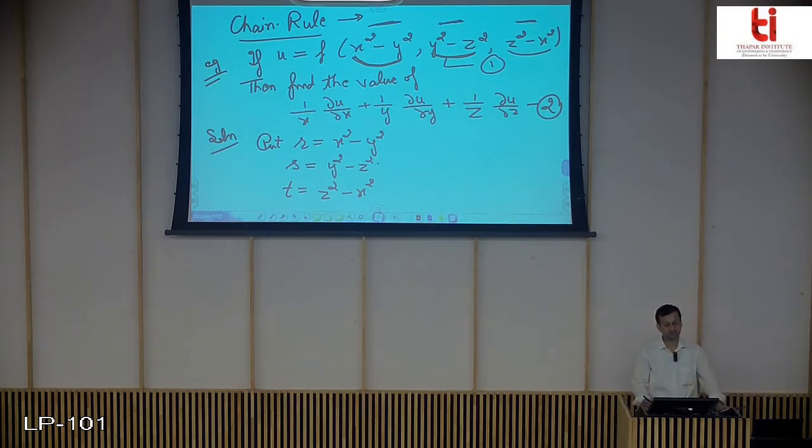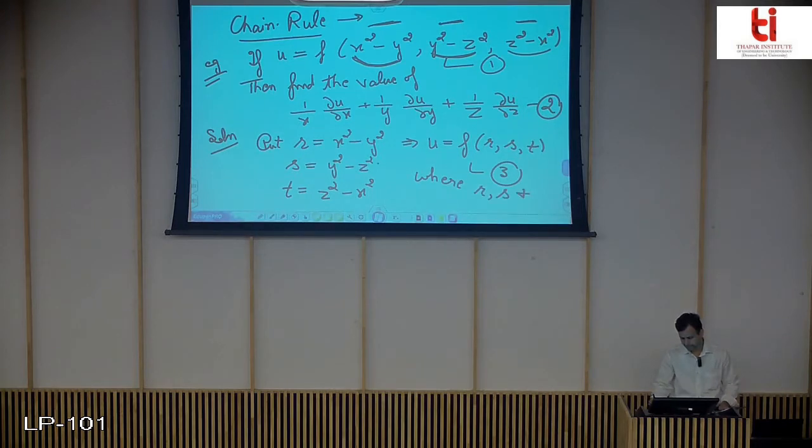So what is the use of this? This implies u now becomes f(r, s, t). This is 3, where r, s, t are given by, say, this is your 4.